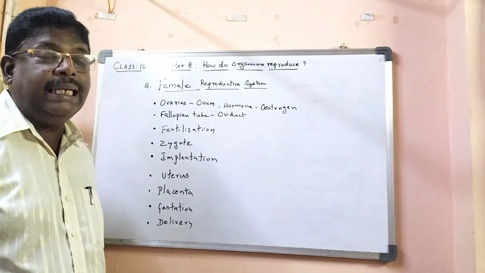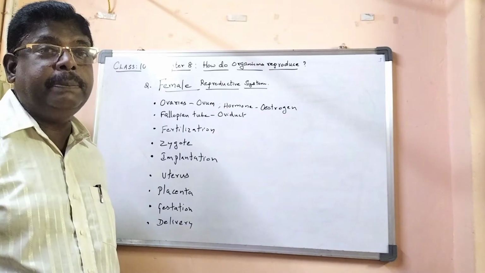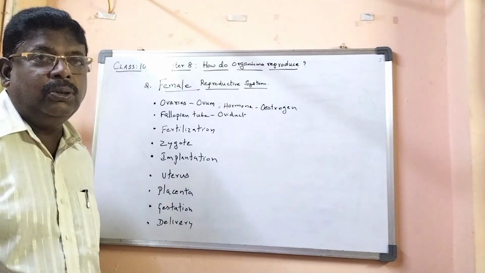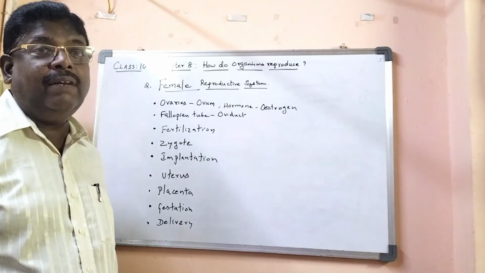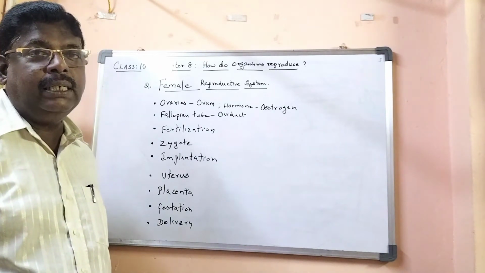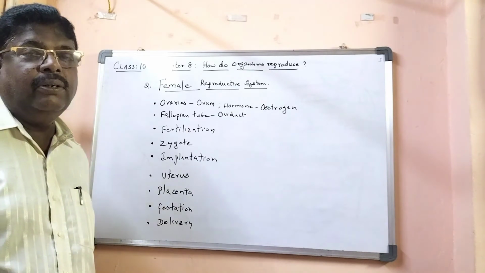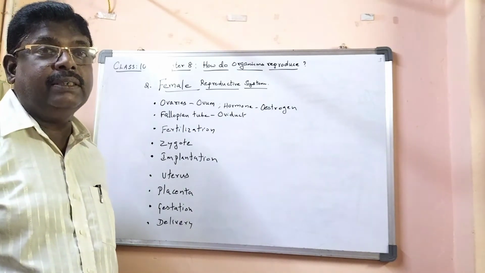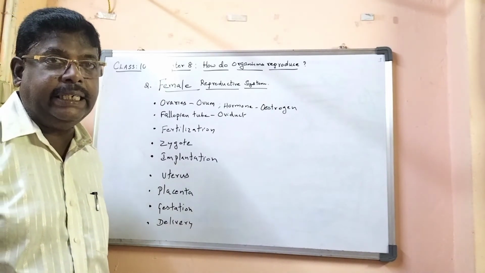Next, the placenta. The placenta is a special tissue. It provides nourishment to the developing embryo. It is a connecting link between the mother and the child. It is richly supplied with finger-like projections called villi.